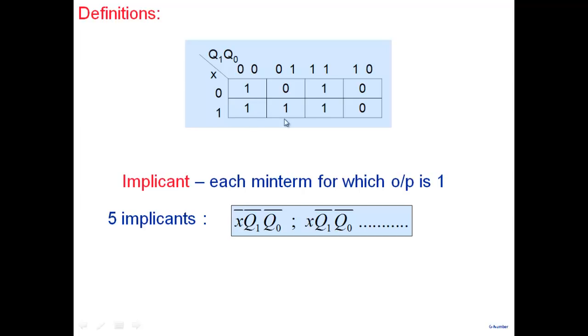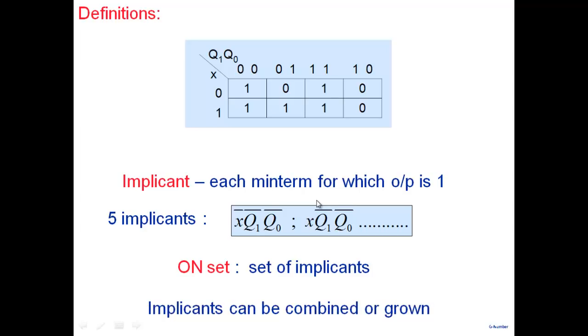Similarly, we have here 5 implicants: 1, 2, 3, 4, 5. So the terms for which the output is 1 are called implicants. I have a set of implicants, 1, 2, 3, 4, 5, which describes my function. Any Boolean function would be a set of implicants. All right, so that's clear.